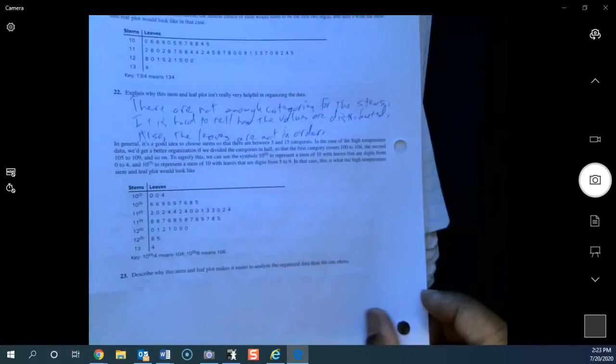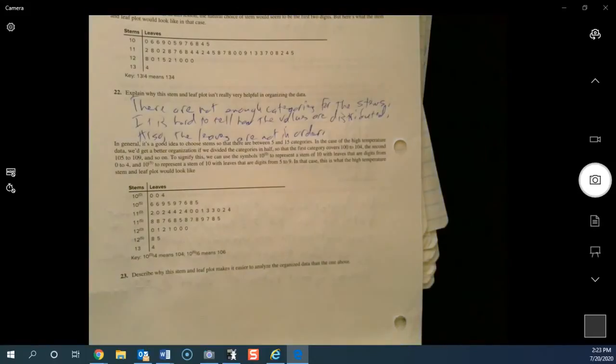Okay, now it says, in general, it's a good idea to choose stems so that there are between 5 and 15 categories. In the case of the high temperature data, we get a better organization if we divide the categories in half, so that the first category covers 100 to 104, the second 105 to 109, and so on.